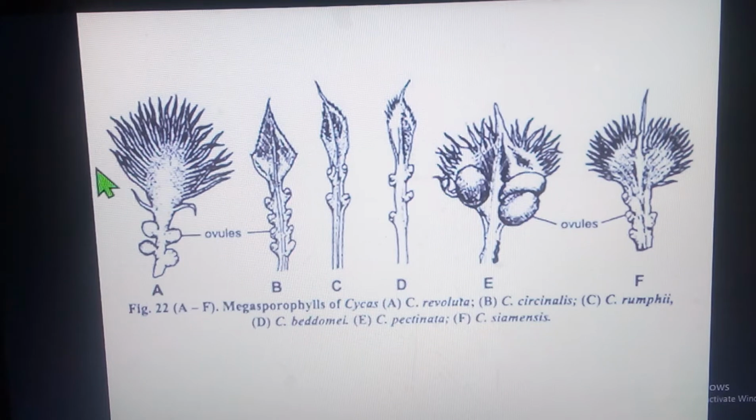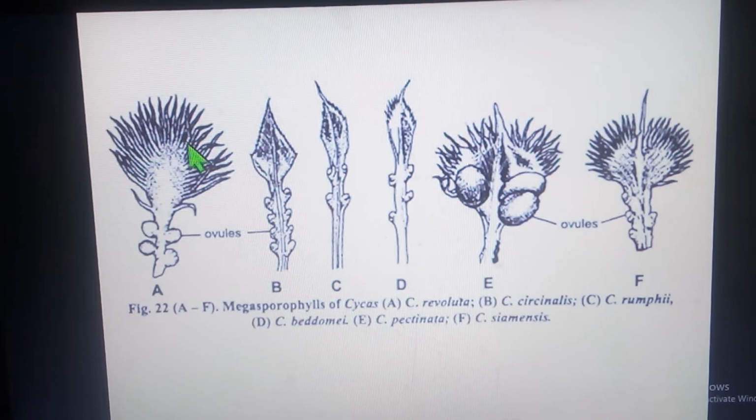Now, one thing which is common in all these Megasporophylls is that the upper part of each of the Megasporophyll is pinnately dissected into several segments, which may be considered as the leaflets of the pinna.